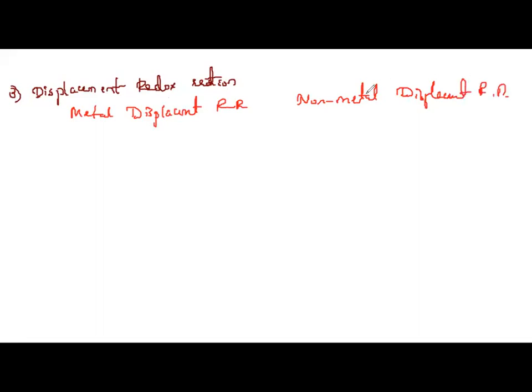Displacement reaction means an atom or an ion of a compound is displaced by another atom or another ion, and that depends upon the reactivity.